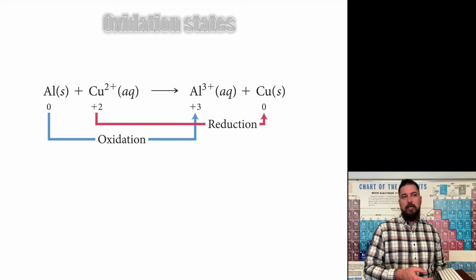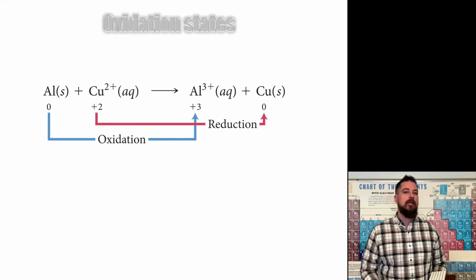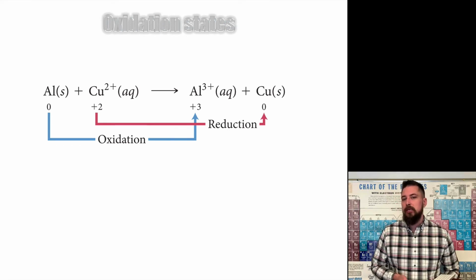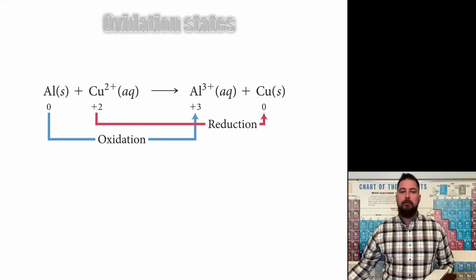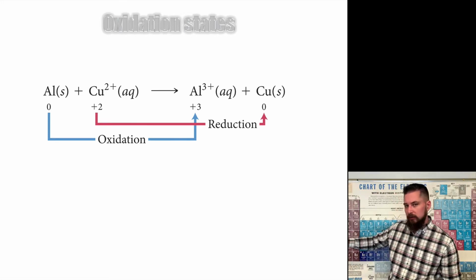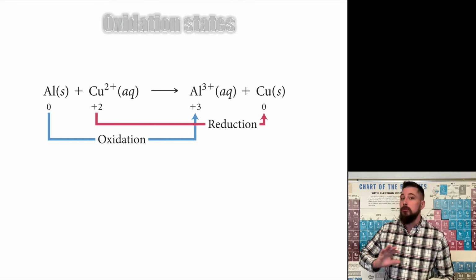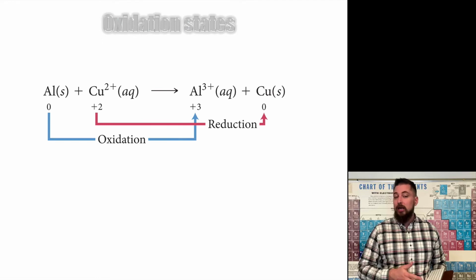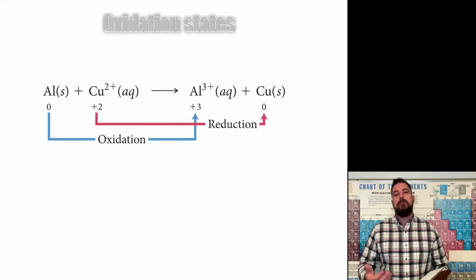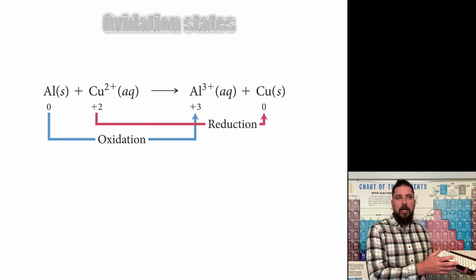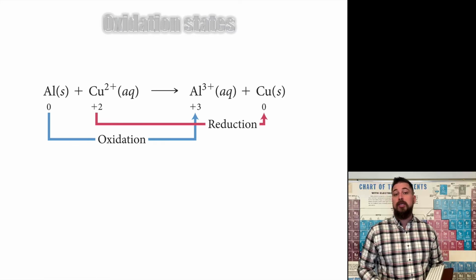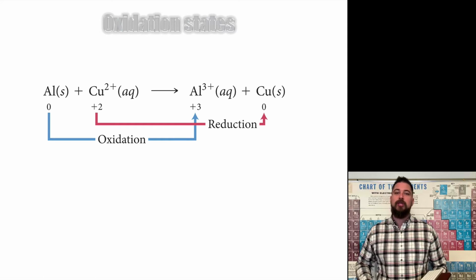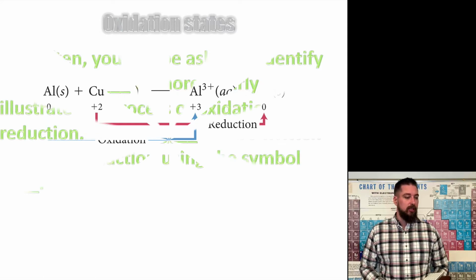Does it have to lose electrons or gain electrons to become more positive? Well, electrons are negative, so it's got to be losing those electrons to become more positive. If it's losing the negative electrons, it's becoming more positive, and if it loses electrons, it's oxidized. LEO. Now, copper is a 2 positive, and it becomes 0. So how does it go from positive to neutral? The way that works is it must be gaining electrons, and if it gains electrons, it's being reduced. So that's the GER. LEO the lion says GER.